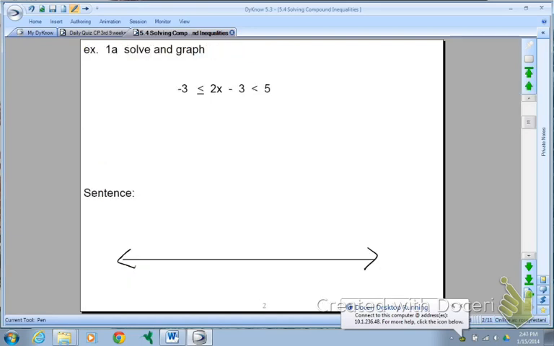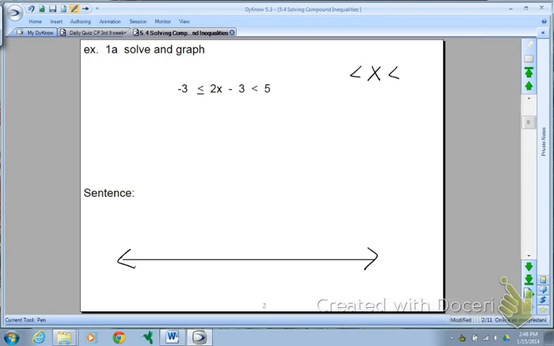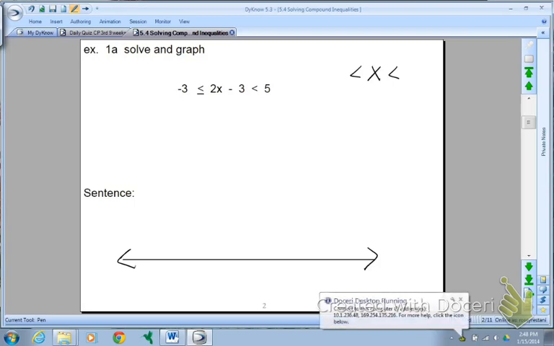Now sometimes the problem might be written already as a combined inequality. Our goal is to get x in the middle and less than signs on both sides. Here's a less than symbol and here's a less than symbol, but we have more stuff. We just want x. Cover this up. What if we just had this part? What would we do to get x by itself?